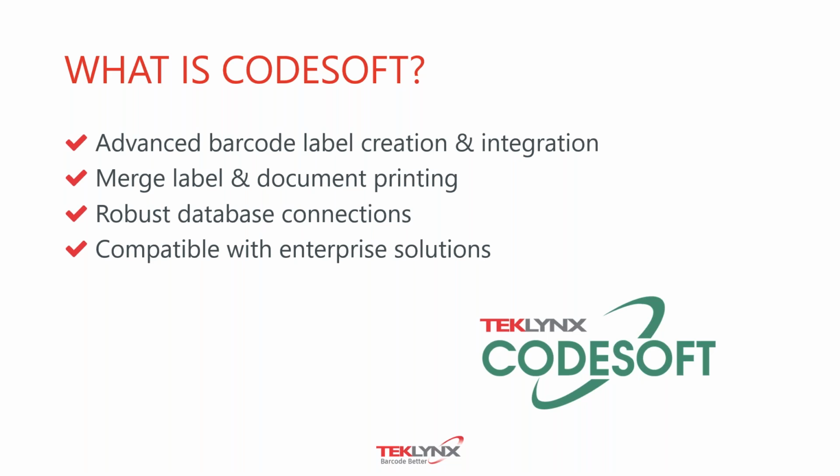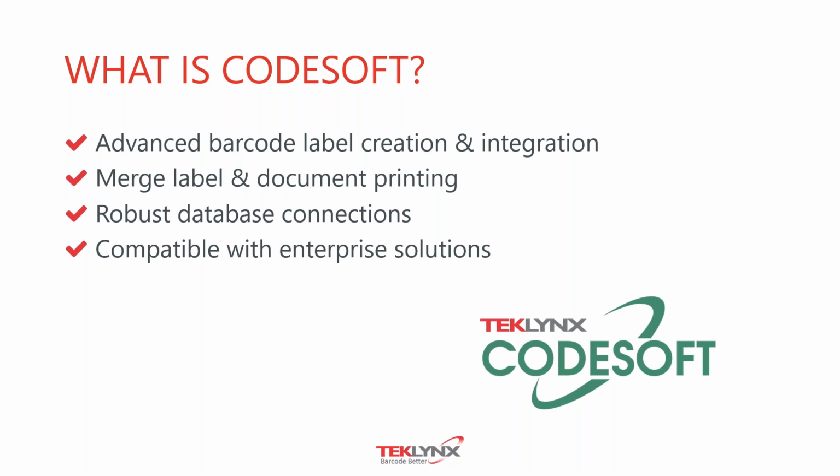Now, before we look at trying to identify if your current process is too manual, let's take a look at the software we'll be using for the webinar. CodeSoft is our most sophisticated label design software. It can be used to integrate into your existing business or ERP systems. It's essentially our springboard to our enterprise level software. The user interface is very similar to LabelView.